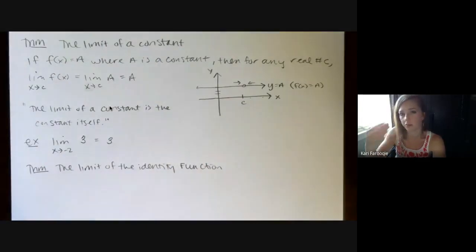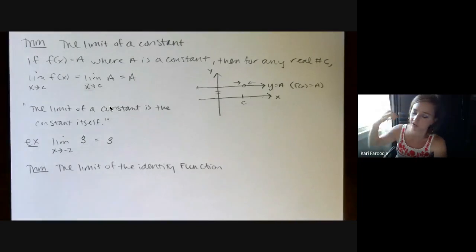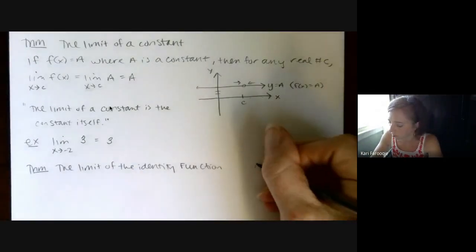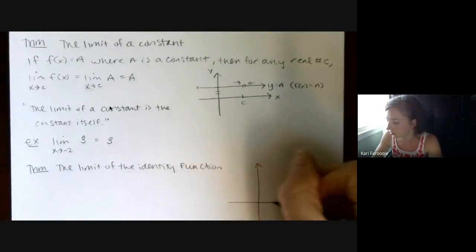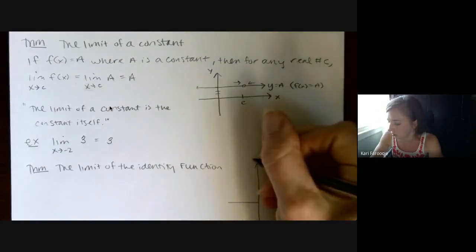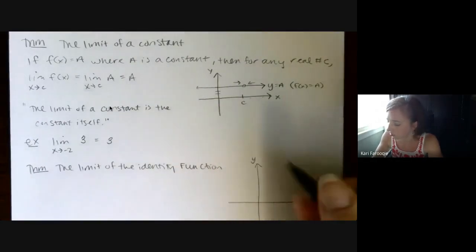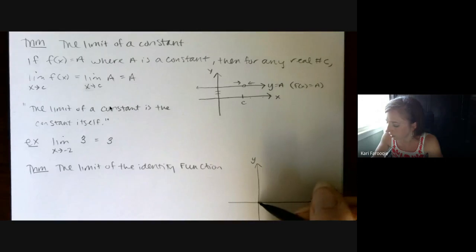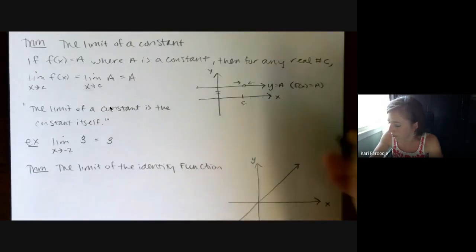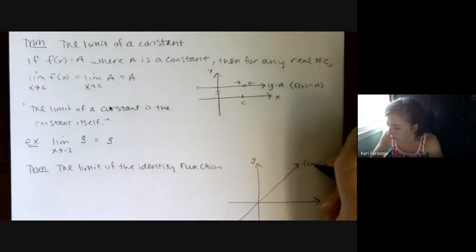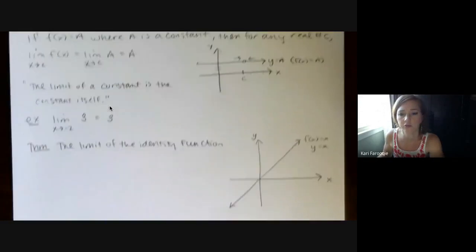It's kind of just that mirroring effect. Whatever value x takes on, y takes on. If you want to see this graphically, we looked at an identity function the other day. It's just that 45-degree diagonal. y equals x.